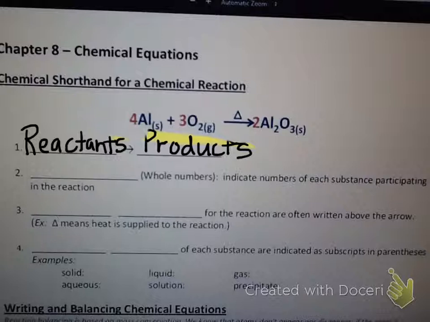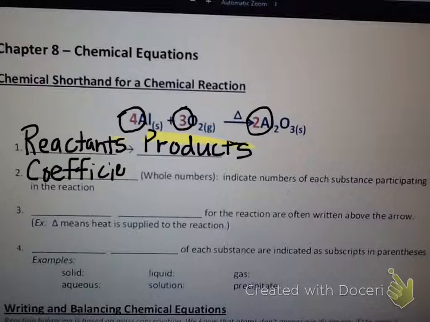Do you see in this chemical equation we have written here, there are numbers, not always, but in this case there are some, written before some of the reactants and products. These are called coefficients. They're the whole numbers that are written not as subscripts, but just in standard type before reagents in a chemical reaction.